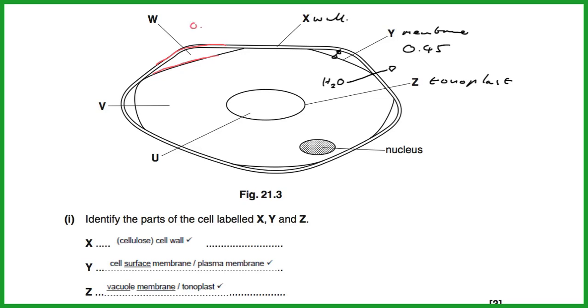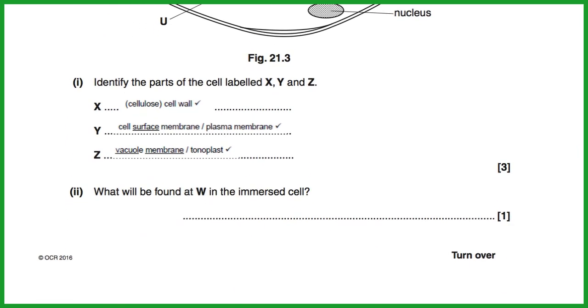In fact, it will be the 0.45 molar sucrose solution that you've put the cell into, because that sucrose solution can cross the cellulose cell wall because it's permeable. So what will be found at W will be the sucrose solution.